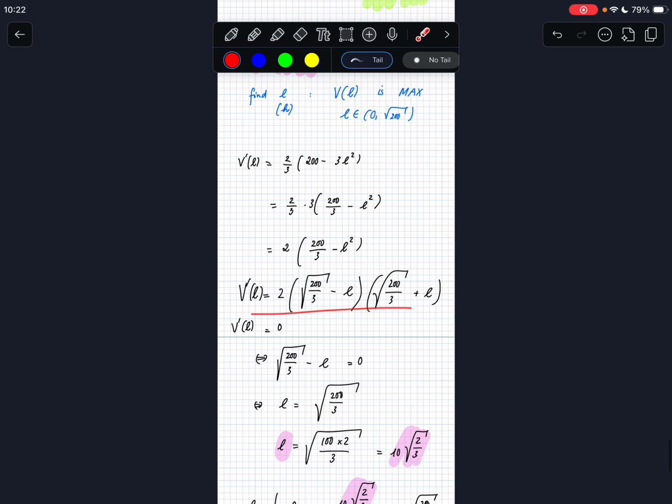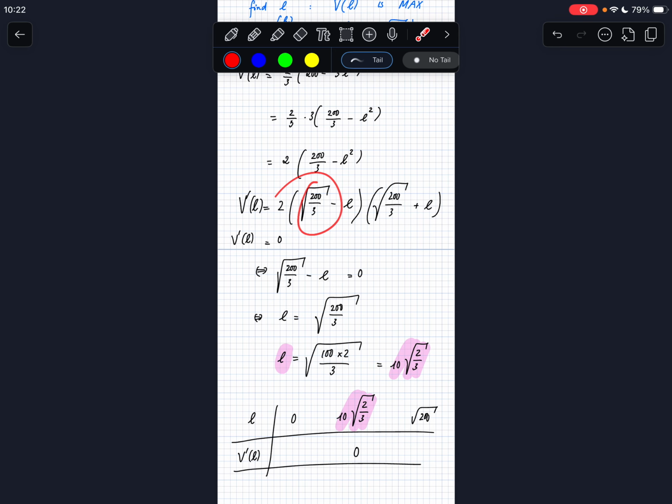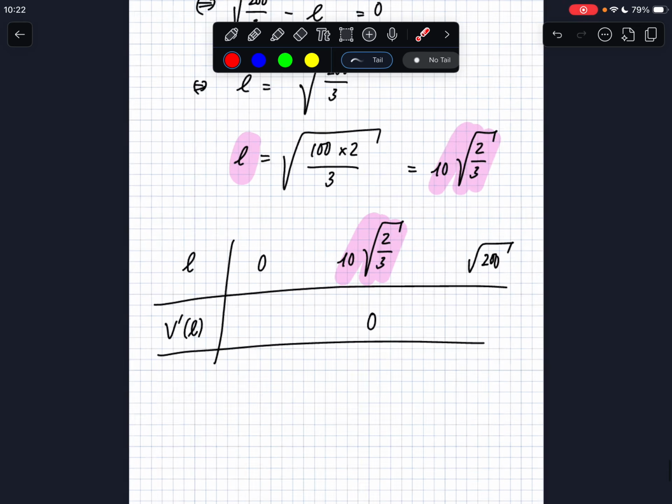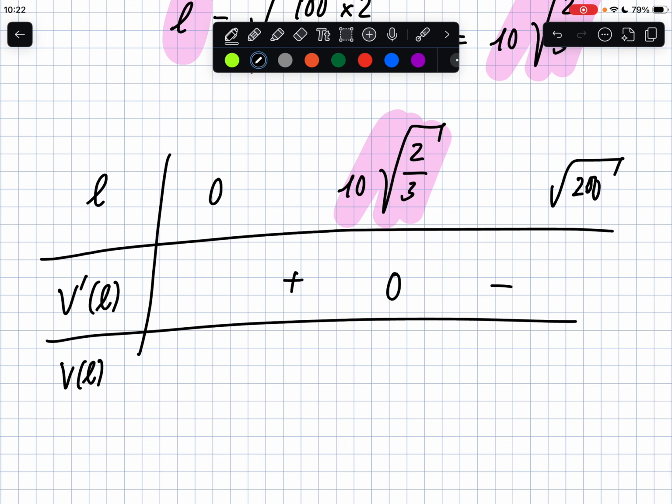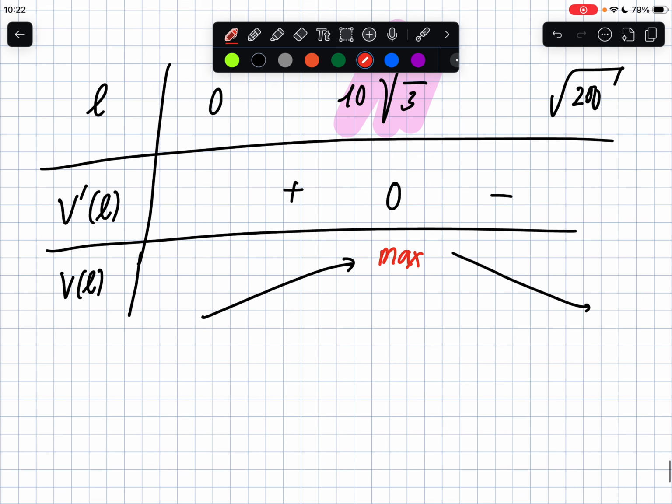When length is smaller than this one, this term is positive, so on this interval V prime is positive, and negative after. So V of length is increasing, then decreasing, and therefore the maximum is here. V of length is max when length is 10 times square root of 2 over 3.